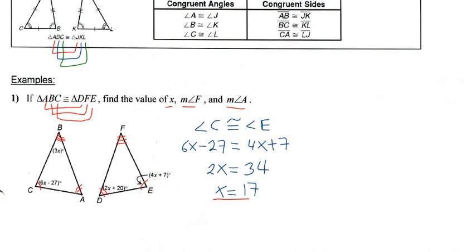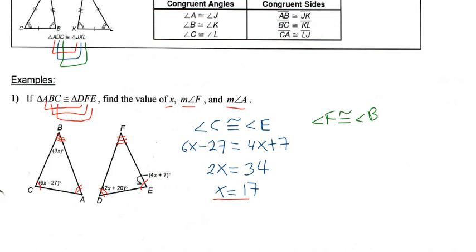And now we need to find the measure of angle F. We do not have a measurement over here, but we know that it's equal to angle B. So the measure of angle F should be exactly the same as the measure of angle B. So angle F is congruent to angle B because they are corresponding, and corresponding parts are congruent in congruent figures.